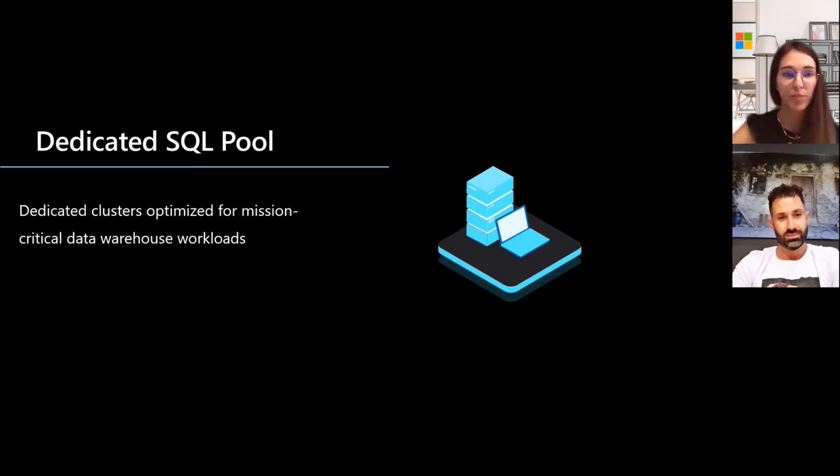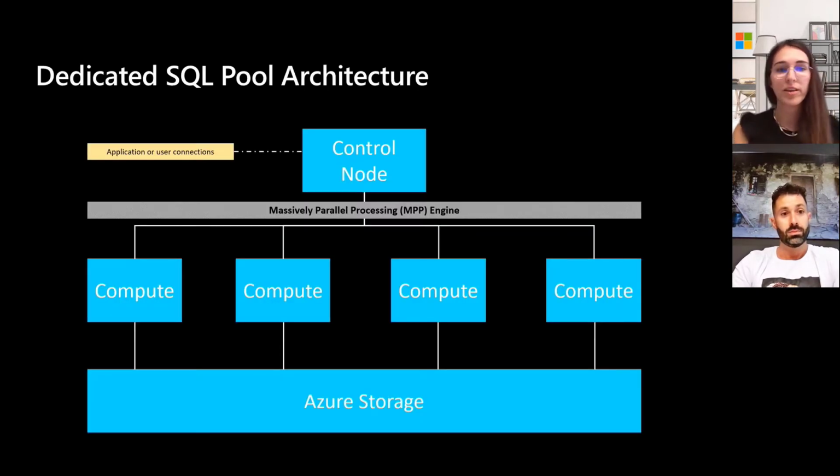Let's dig into the architecture and explore the different attributes of Synapse and see how they come together to help you optimize your analytics. The architecture is a bit different. So we have here the control nodes. This is the connection and the tool endpoint that coordinates the compute activity.